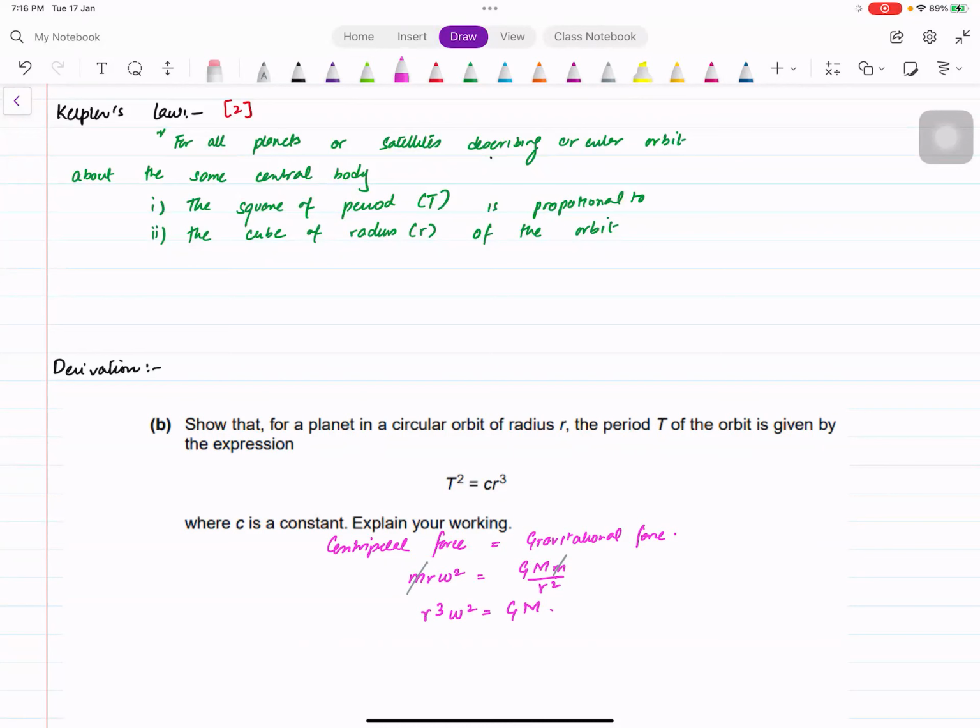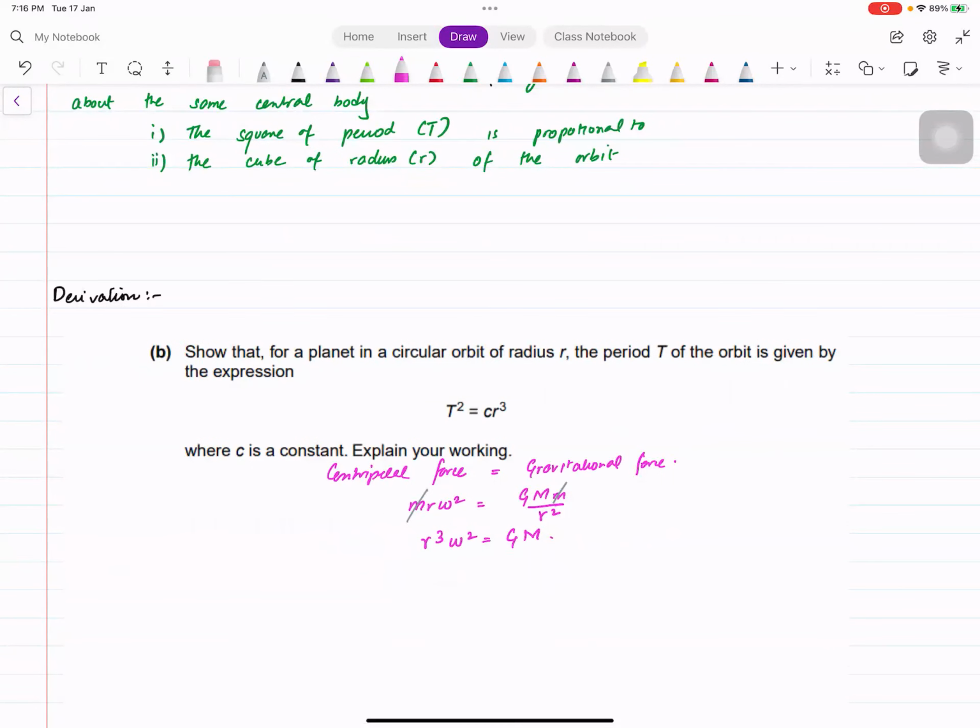Okay, now, the next thing you're going to do is you should understand that since omega is 2 pi over T, we can replace this omega from that, which means from this point onwards, we can write r cubed times (2 pi over T) whole squared equals GM, which leads us to r cubed times 4 pi squared over T squared equals GM.